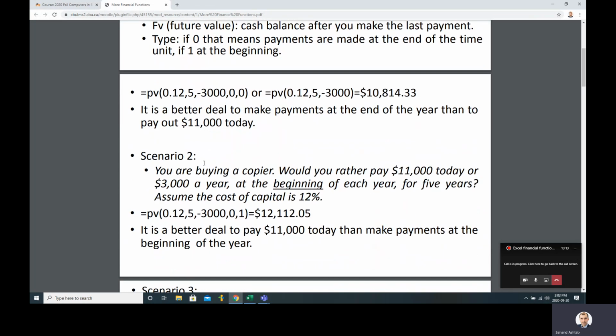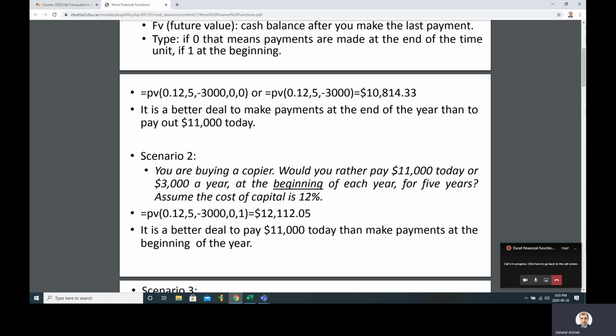Now, scenario 2 is the same example, except that we are asked to make payments in the beginning of each year. So as I mentioned, I've developed these scenarios so that you will see your answers can be sensitive to these changes. I've actually developed the examples in such a way that you will see that when such information changes, it is possible that it will affect your final decision, your final approach with making a purchase.